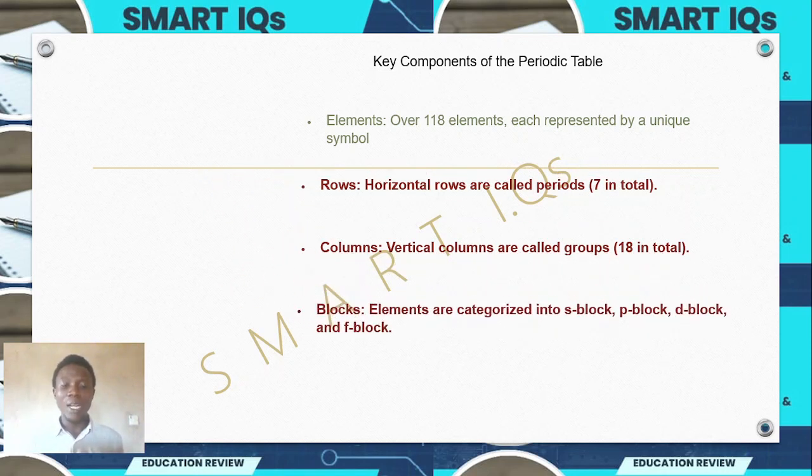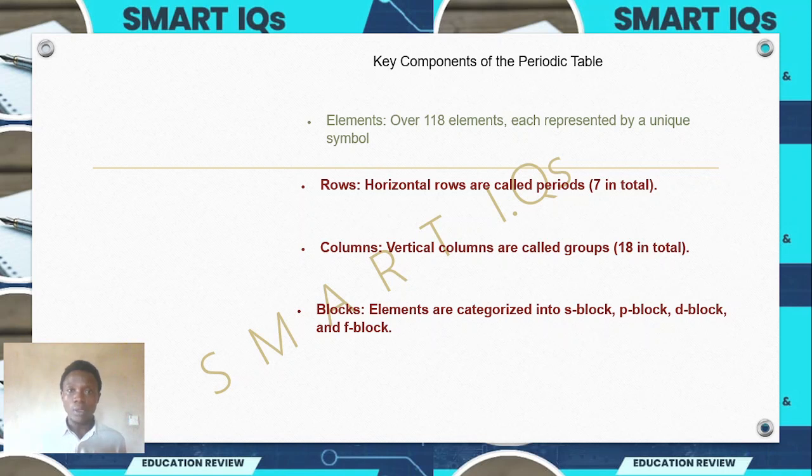Elements are categorized into S block, P block, D block, and F block. Of course, the SPDF hybridization. The block an element belongs to tells us about the last electron, the electron in the outermost shell, falling on either the S block, D block, P block, or F block.